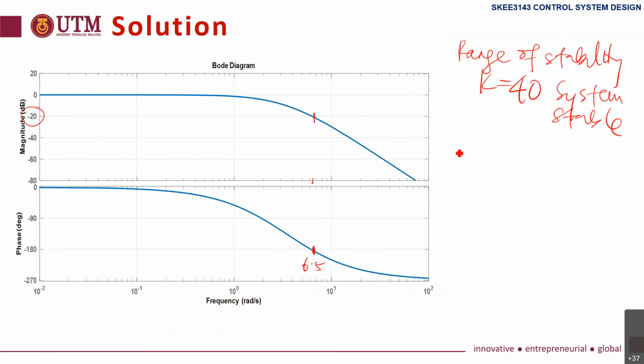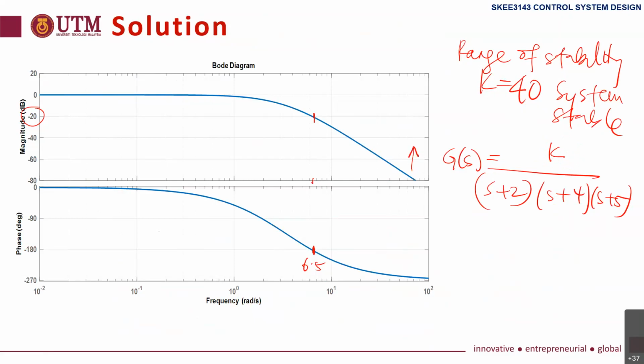When I increase K, let's say K50 or K60 or K100 or K1000, the gain or the magnitude will increase, until this point.